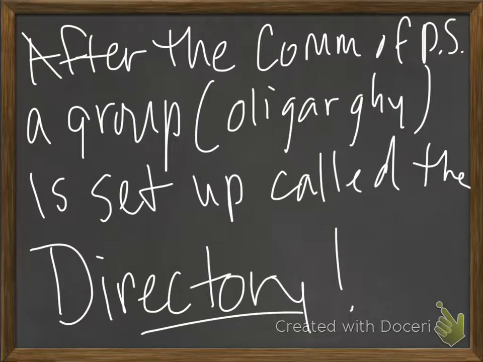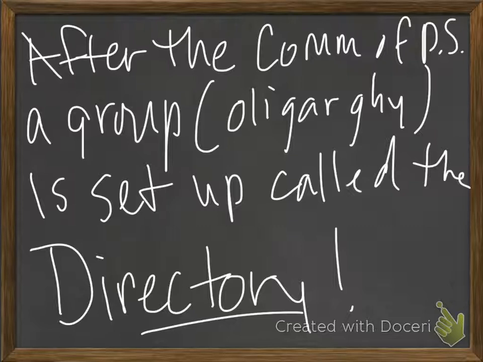Now, after the Committee of Public Safety, which was a really large group, there'll be a smaller group called an oligarchy. An oligarchy is a small group that rules. At first there's going to be 7 members, then 5, and eventually 3.